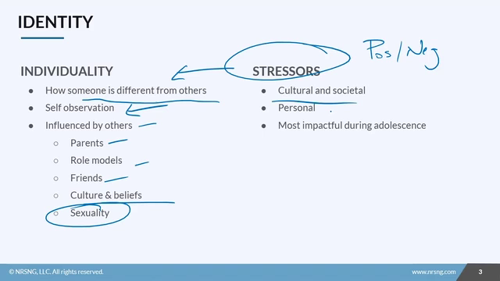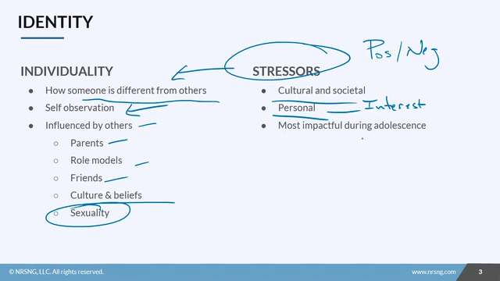If you're in a group of friends and they all shop at the Gap or Express or Old Navy, and everybody's kind of the same and they all have similar interests, that person may also shop at the Gap or any one of those stores because they are heavily influenced by society. The other thing is personal interest. So if you feel empowered by a certain type of hairstyle, then that can contribute to the patient's identity.